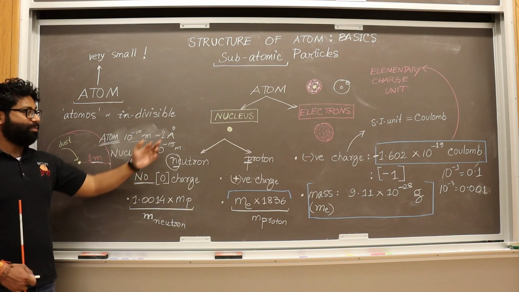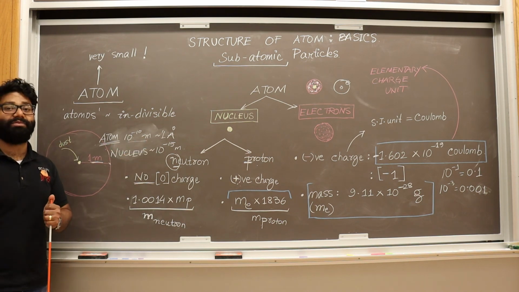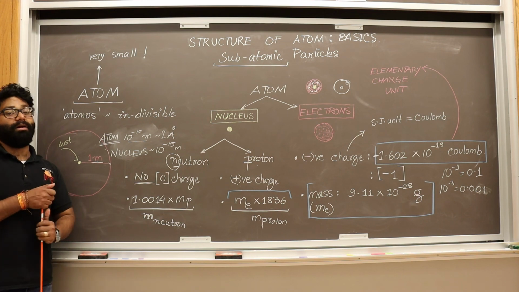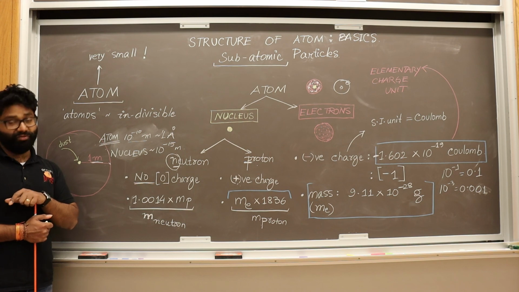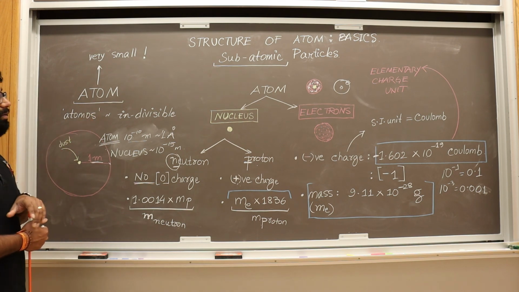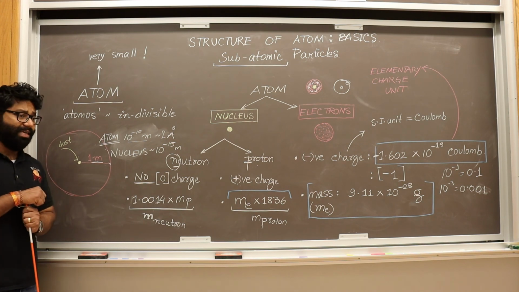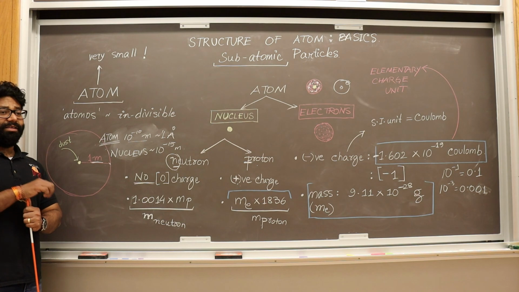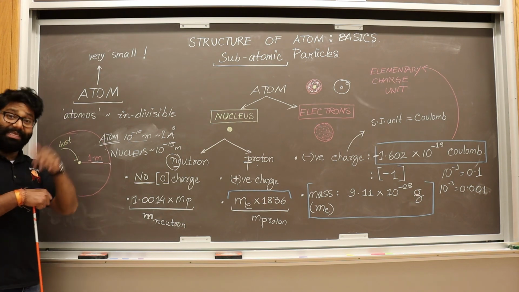So it's a 10 to the power 5 magnitude difference, about 100,000 times smaller than the size of the atom. So it's extremely small, okay? So now that we know what's inside the atom, let's study what are the different identification numbers associated with the atoms.